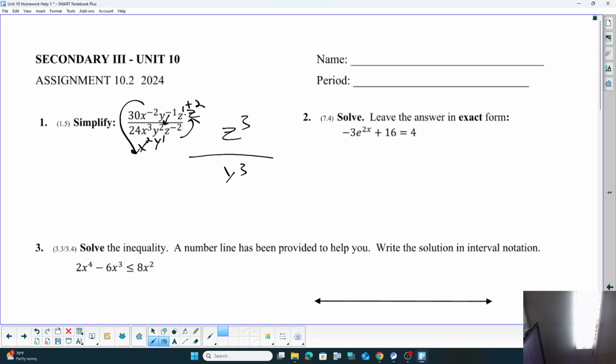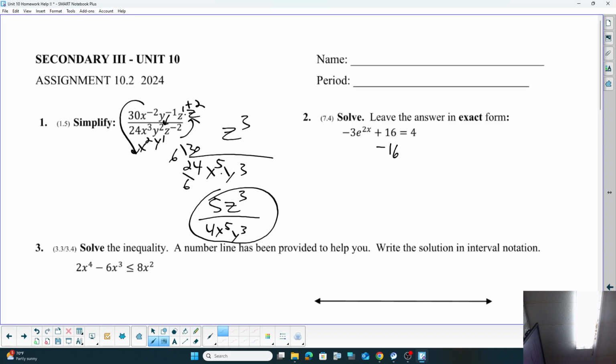And x cubed plus x squared is x to the fifth power, and then 30 divided by 24 reduces, divide by 6. So our final answer is 5z cubed over 4x to the fifth, y to the third. Nice. So give number 2 a try.